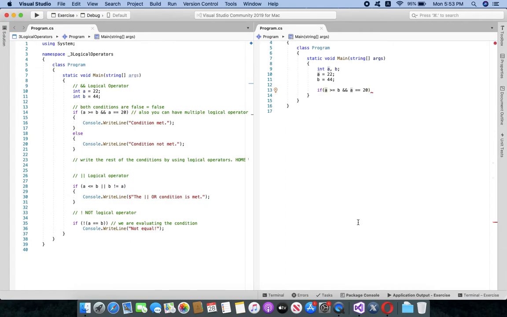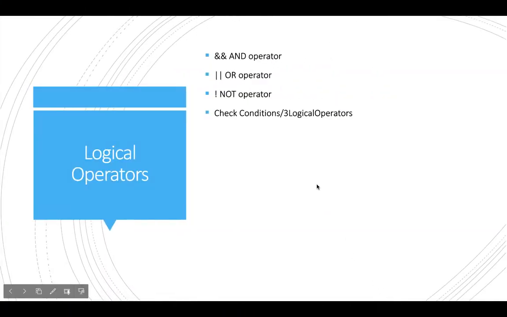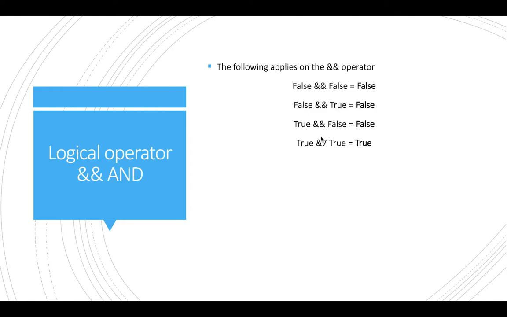But before we go any further, let's go back to my slides and go through this. We can have two conditions: if first condition and second condition, or if first condition or second condition, or if first condition and not second condition. With the AND operator, if the first condition is false and the second condition is false, then the result is false.